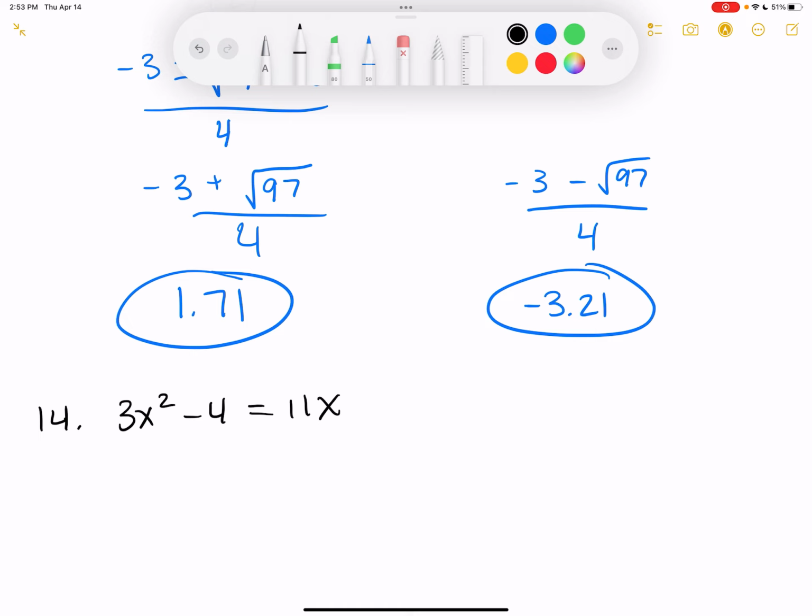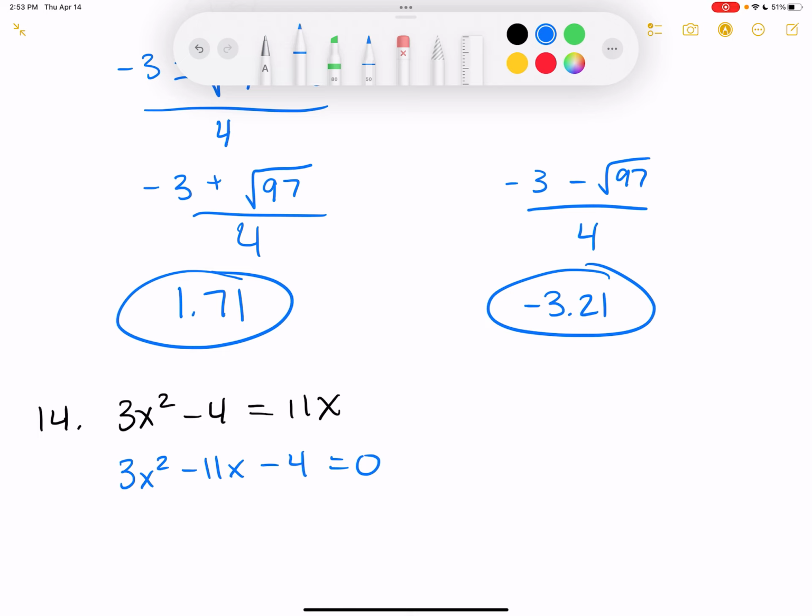Move things to where most of the terms are. So I'm going to move the 11x over. What do I need to do to move it over? Subtract 11x. Because that's my x term, I'm going to put it in the middle. So 3x squared minus 11x minus 4 equals 0.